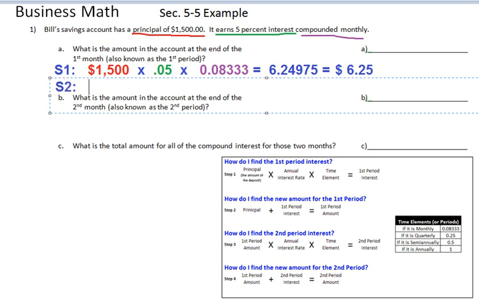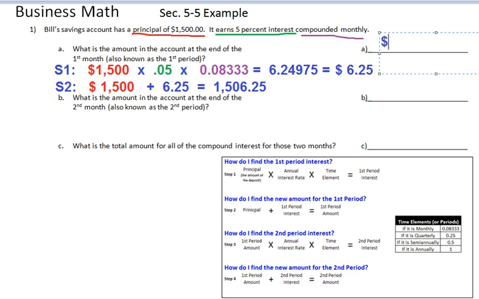In step 2, we take the principal from up above, $1,500, and add it to that $6.25. That will give us the final answer. The number I originally had typed up there was just the amount of interest earned.